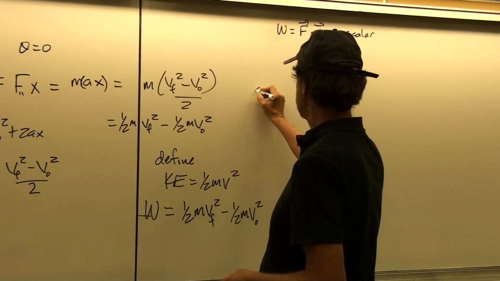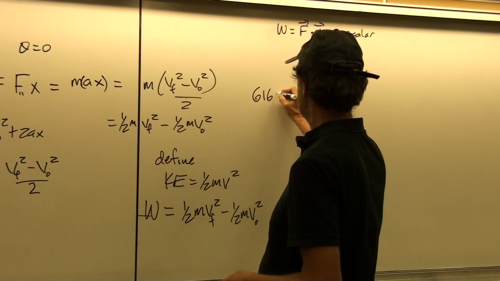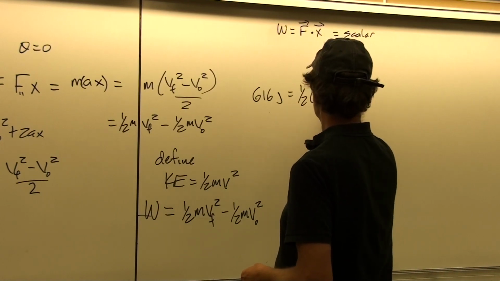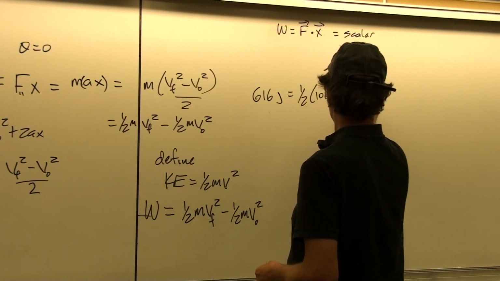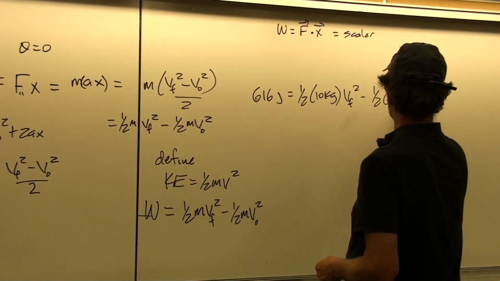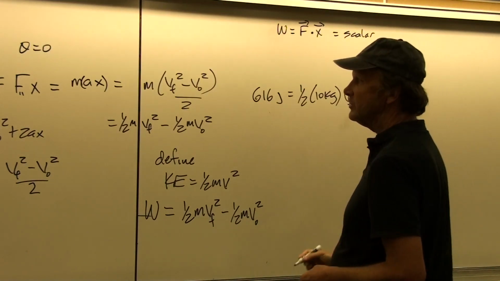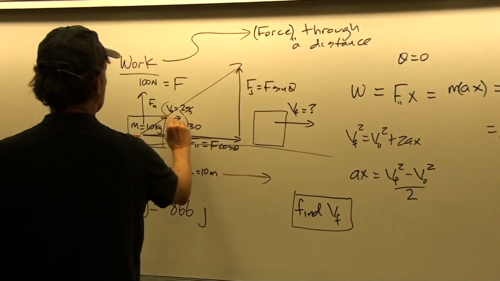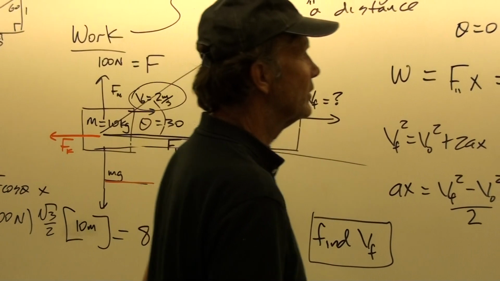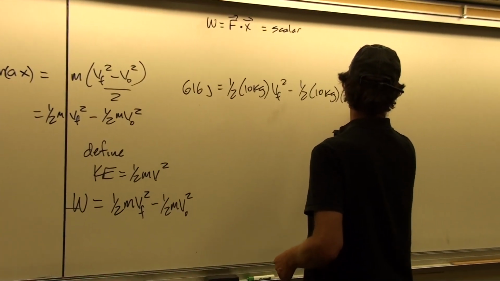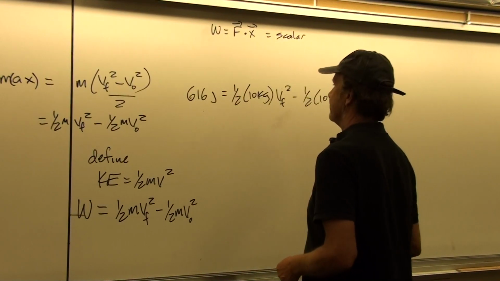So that gives us 616 for the work that's done, joules, equals 1/2 m, that's 10 kilograms, times v final squared, minus 1/2 times 10 kilograms times v initial squared. And we were given over here that v initial was equal to 2 meters per second. So this would be 2 meters per second quantity squared.